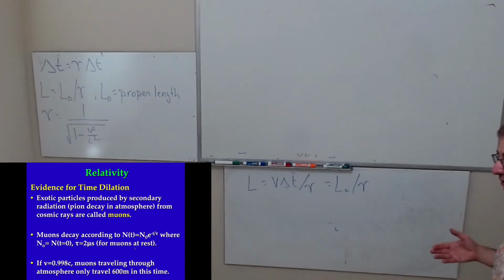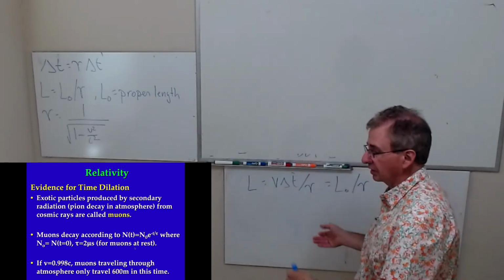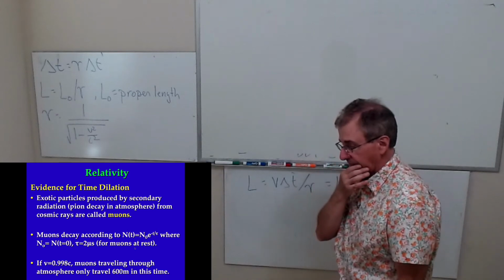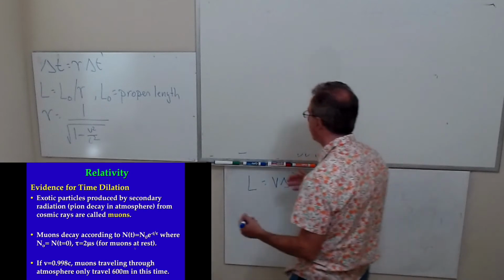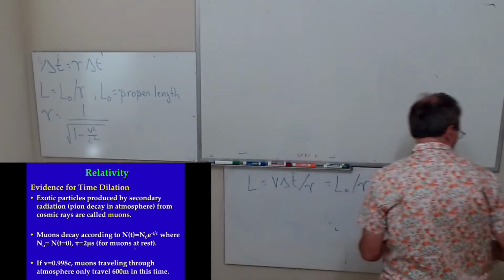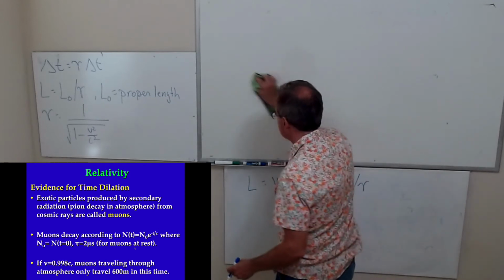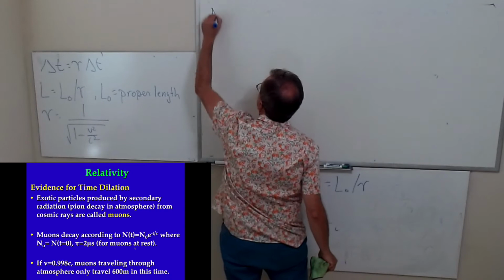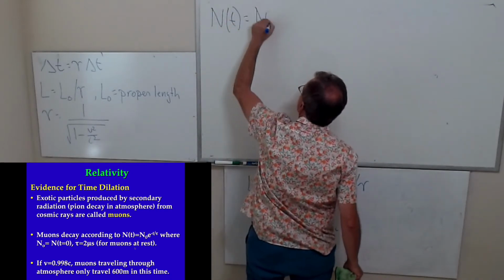They're not stable. The pion decays and you get muons, and the muons decay and you get other particles. And if you've talked about radioactivity in chemistry, when something is radioactive or something decays, it decays according to the following equation.